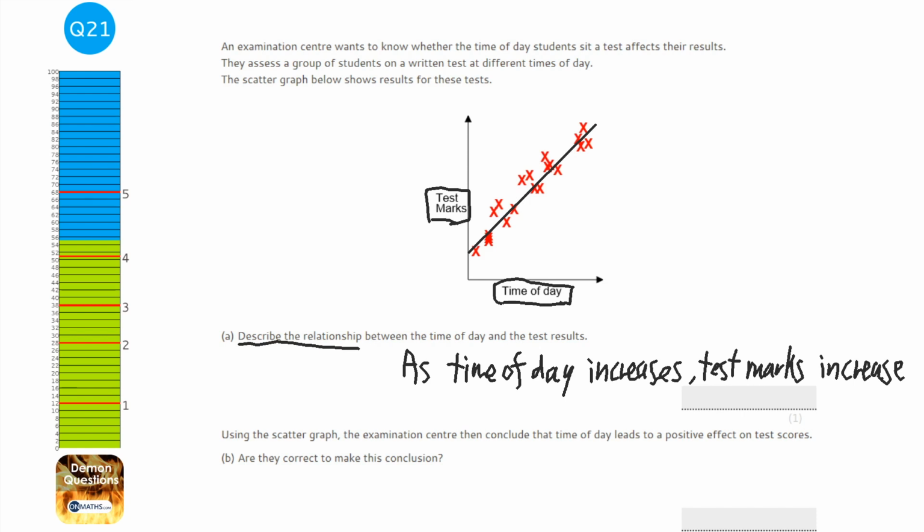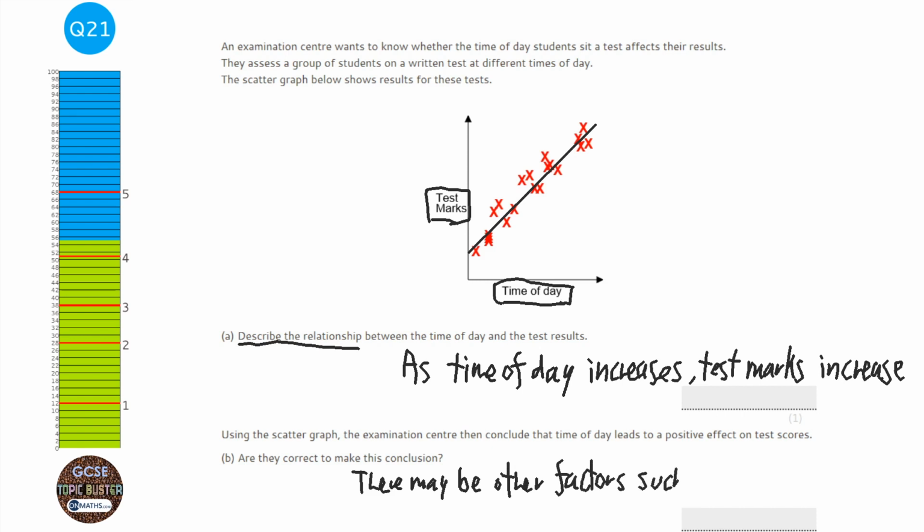So a sentence like, there may be other factors such as, I don't know, what else? Tiredness, fatigue, tiredness. So try and make sure you give an example as well to support your argument.